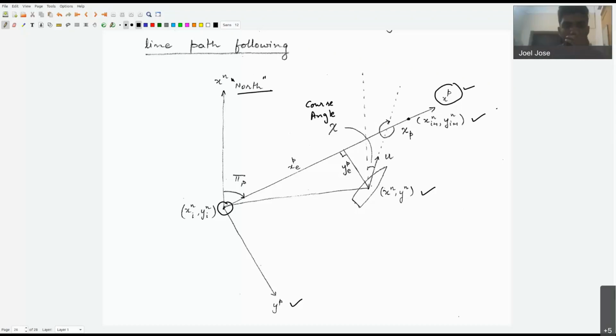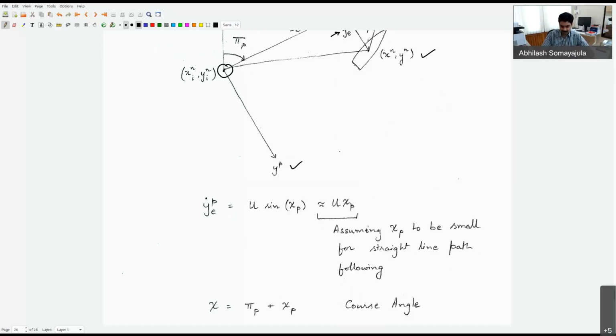Now, with respect to this position, I can define the cross-track error, which we call YPE, and the corresponding x coordinate, which we call XPE. XPE is the distance the craft has moved along the line connecting the waypoints, and the cross-track error is how much it has deviated from that line in the perpendicular distance.